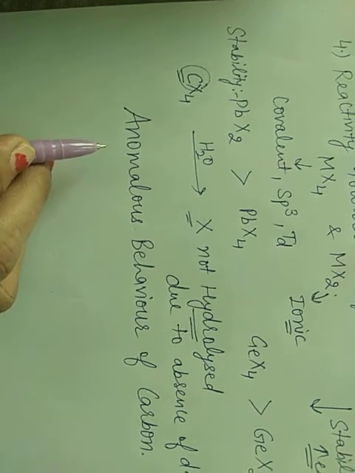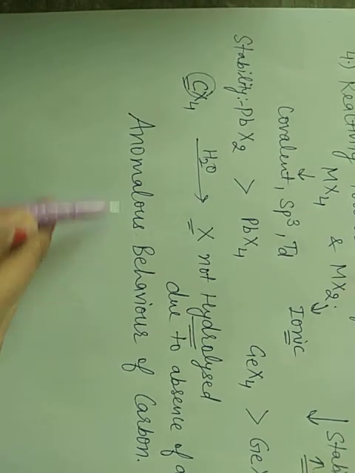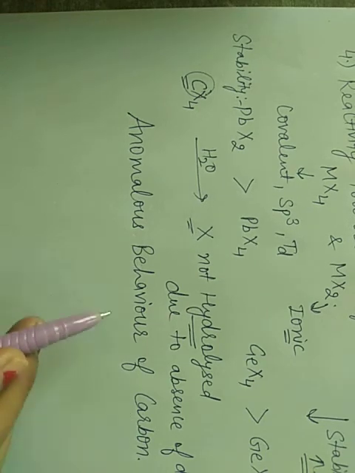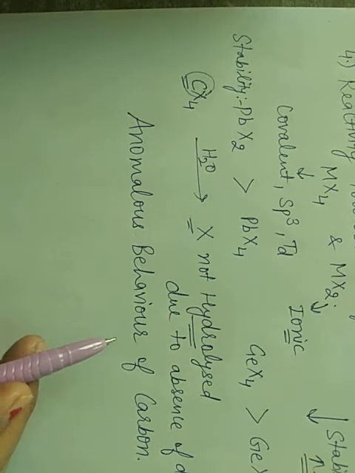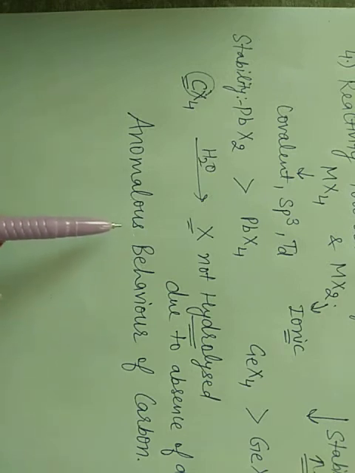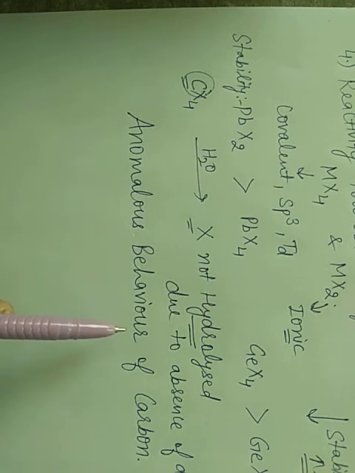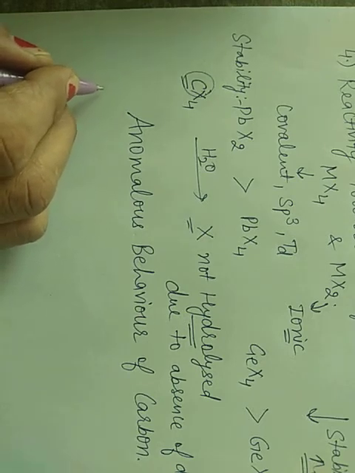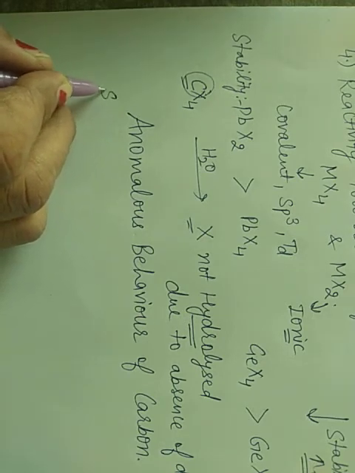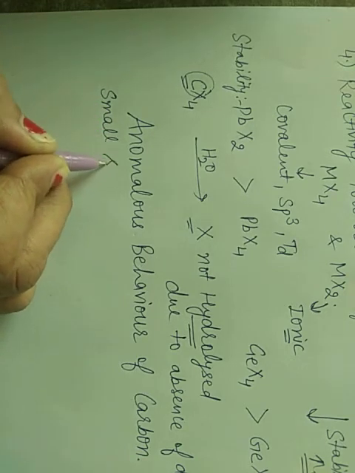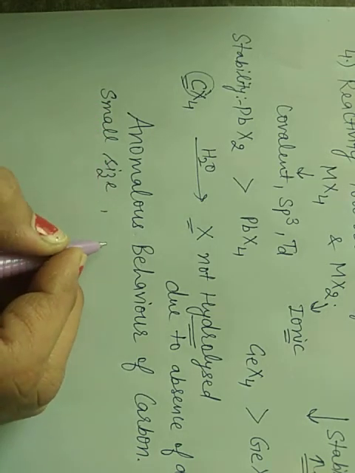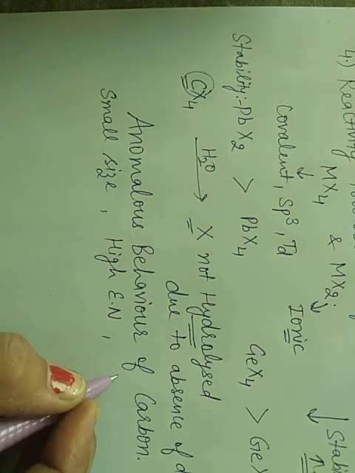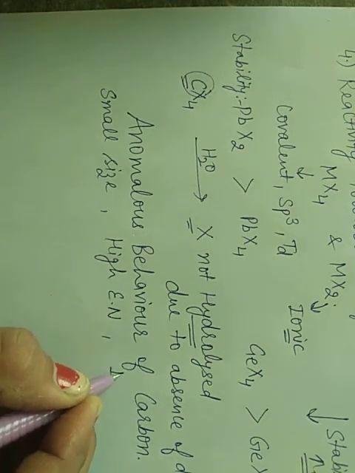Now the next topic is anomalous behavior of carbon. Why does carbon show anomalous behavior? The size of carbon is the smallest in this group. Second reason is high electronegativity, and third is high ionization enthalpy.